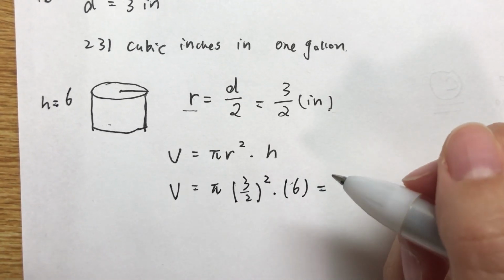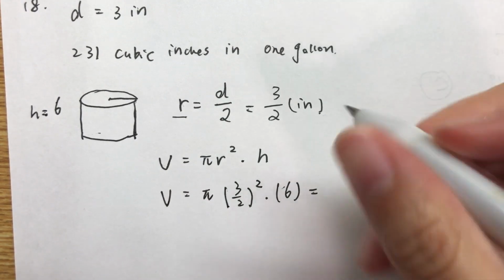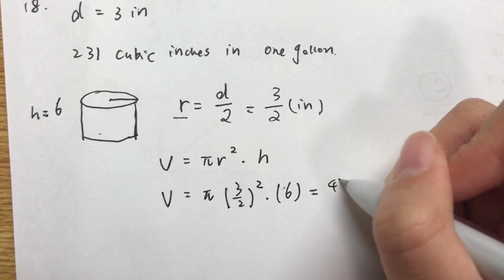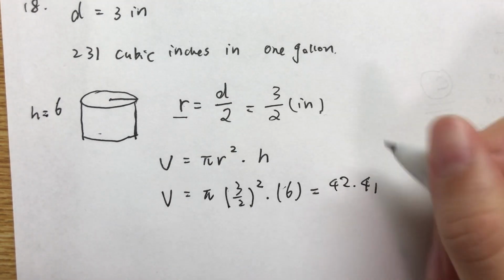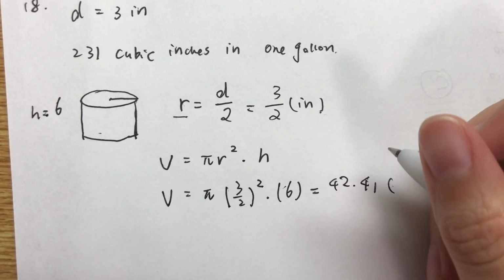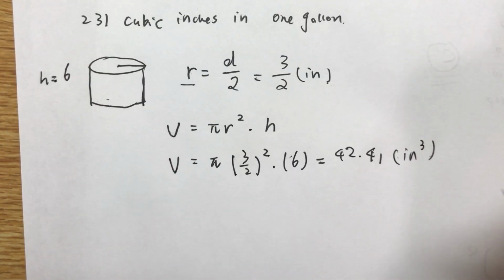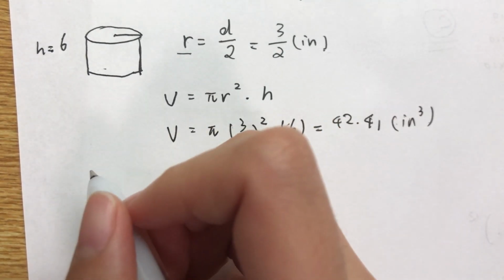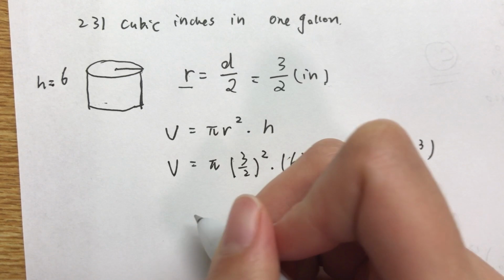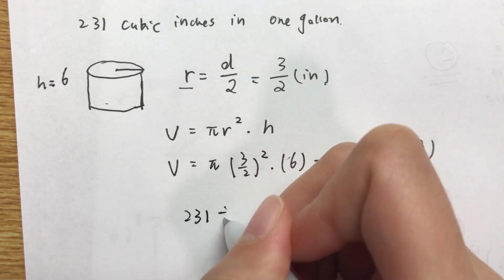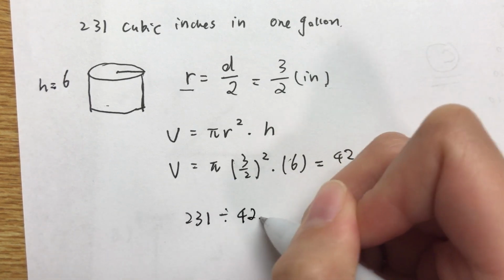And after we plug this into our calculator, I got 42.41. So this is the volume of the cylinder, in cubic inches. So the question asks how many glasses you can fill, so we just use the total 1 gallon divided by the volume of a cylinder.